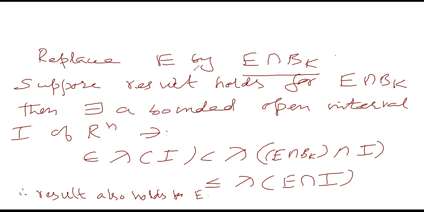So whenever the result is true for any Lebesgue measurable subset E intersection Bk of Rn having finite Lebesgue measure, then it is also true for the Lebesgue measurable subset E of Rn having infinite measure.